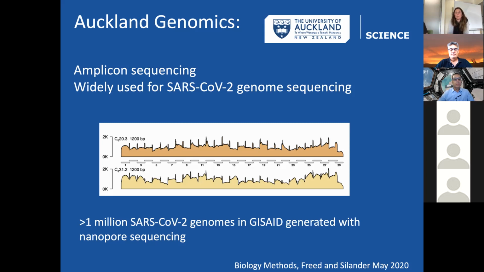So there's a large number of the genomes that are in the GISAID database that were generated with nanopore sequencing. The real-time aspect of this is really powerful, and also the ability to come up with an assay that is very robust and could be tweaked when necessary, when new variants evolved, in a really effective way. So if you have amplicon sequencing projects, again, this is something that this machine can handle very effectively.